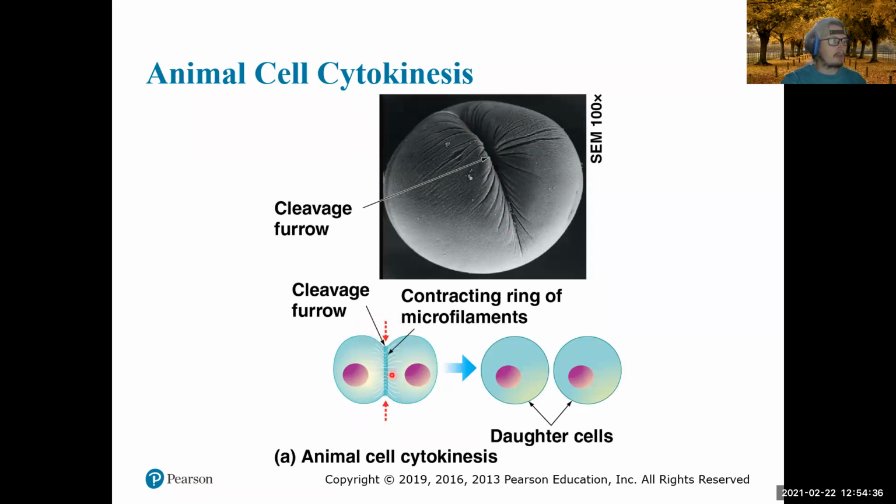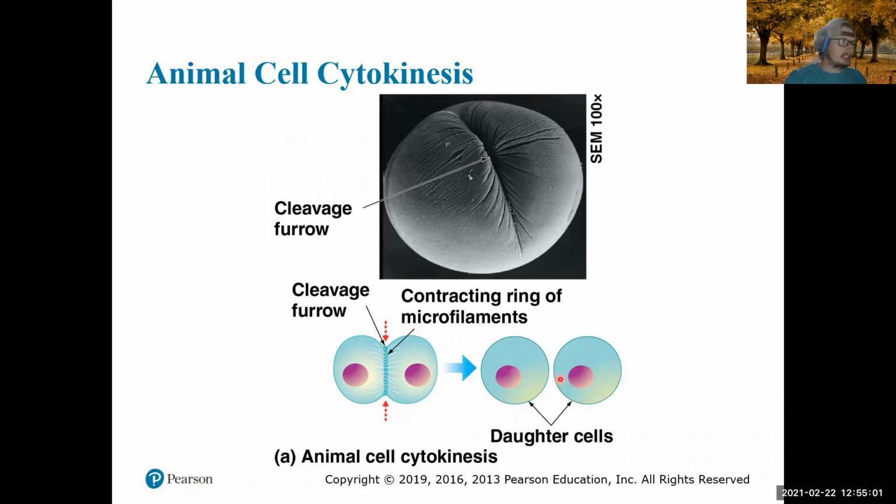So the top or bottom portion of the cell. And then there's microfilaments. You can almost think of like a rubber band being put around the cell and it constricting until it kind of pinches the cell in two. And so that ring of microfilaments will contract and contract until that cell is split into two daughter cells.